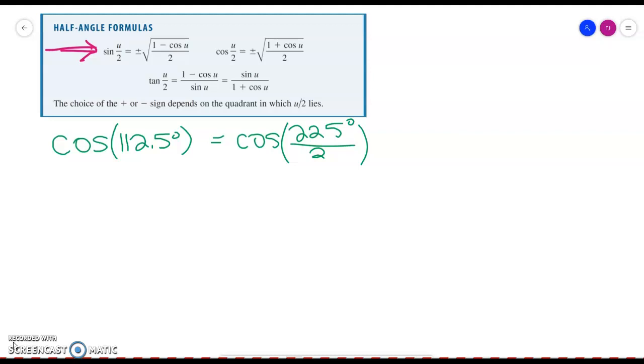This is essentially my cosine of u divided by 2, where u is 225. Here's my u.